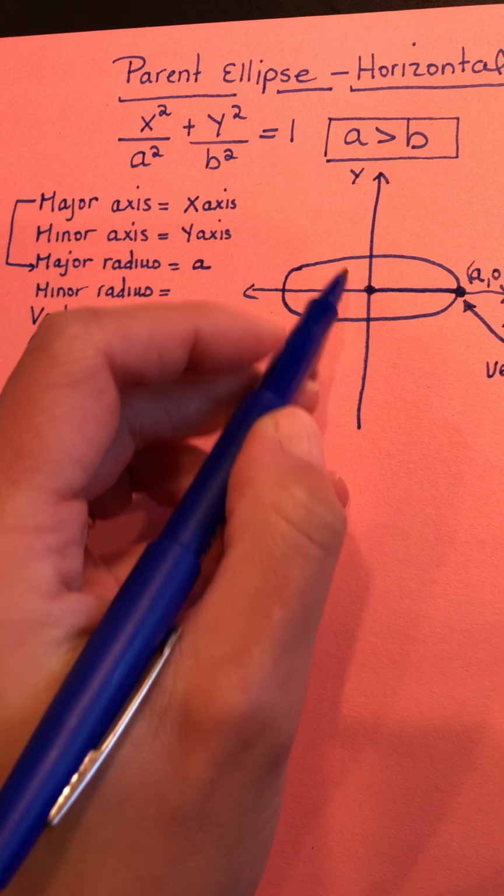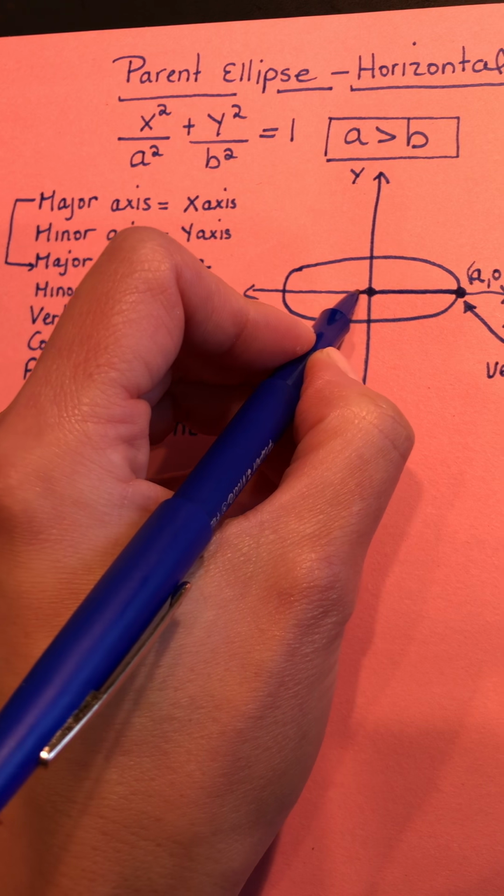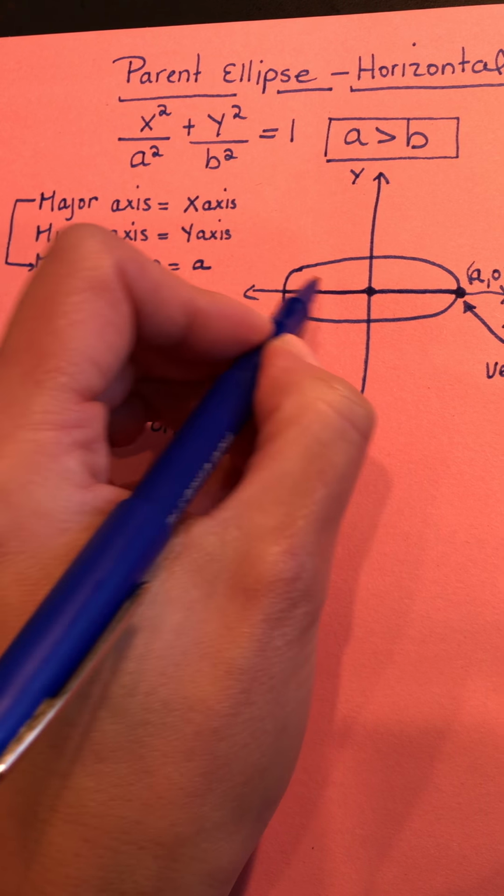Now, what that means is this distance here is also a radius, specifically the major radius, but this point here would be -A, 0, making this point another vertex, okay? So hopefully that makes sense.